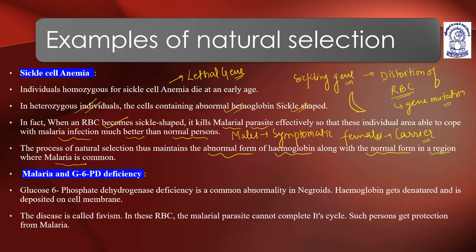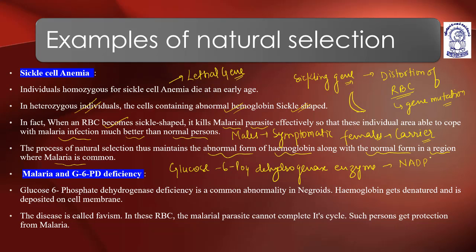Now, malaria and G6PD deficiency, glucose 6-phosphate dehydrogenase enzyme. Dehydrogenase enzymes always initiate the activities of nicotinamide adenine dinucleotide phosphate, reduced form.